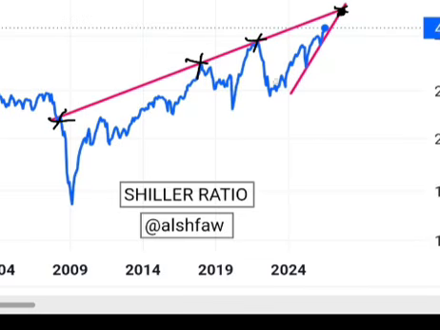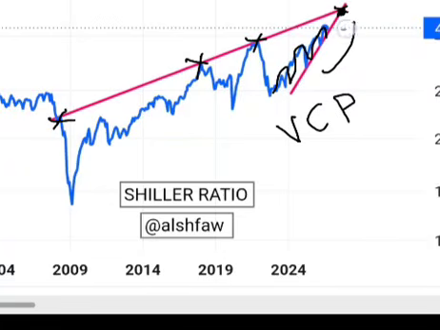Someone may say this is a VCP, which is a volatility compression profile that may convert into a parabola in the end.